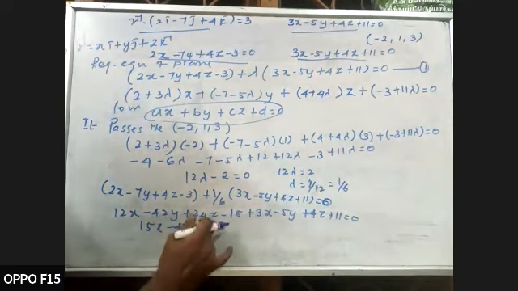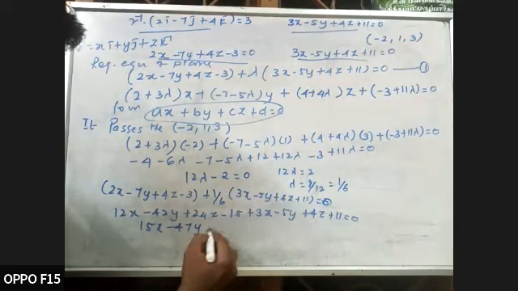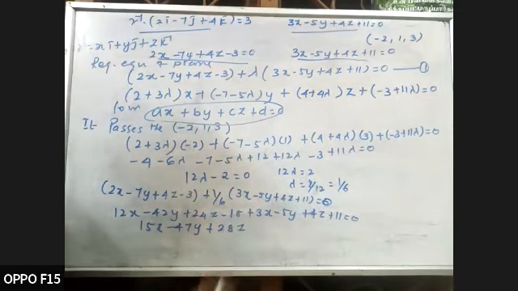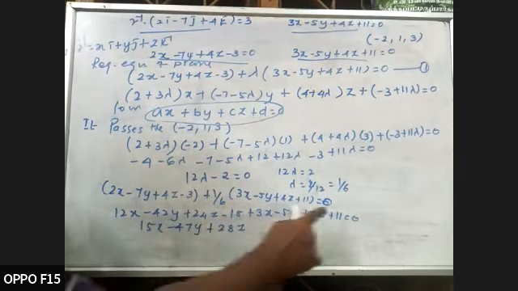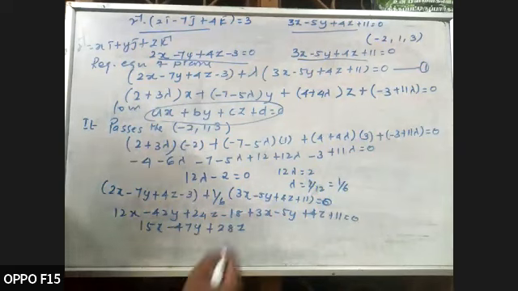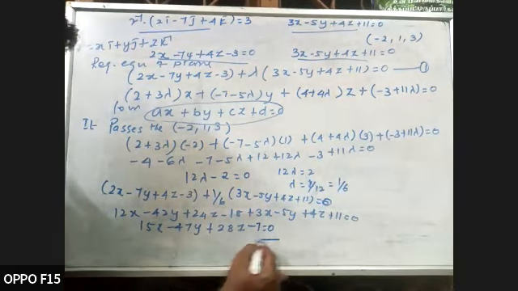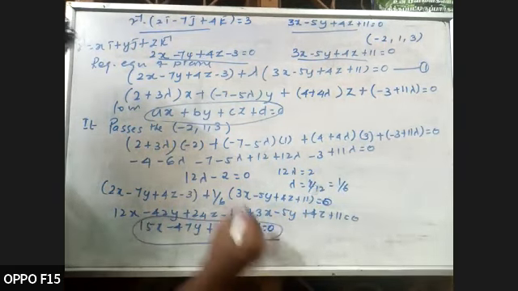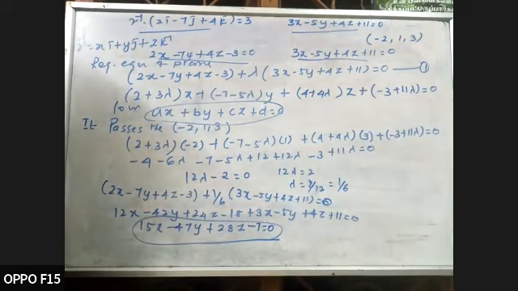Next, 24z plus 4z is 28z. Next, minus 18 plus 11 is minus 7. Your 15x minus 47y plus 28z minus 7 equal to 0 is the answer.